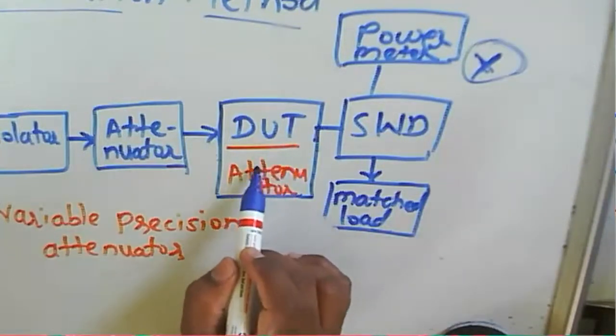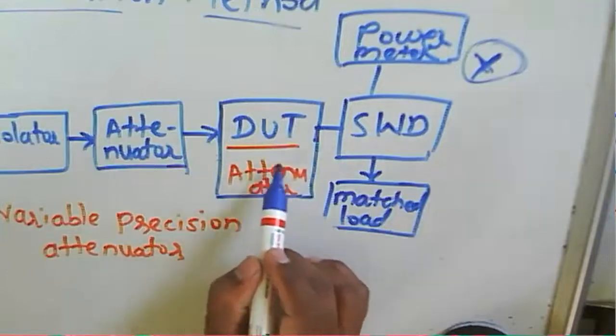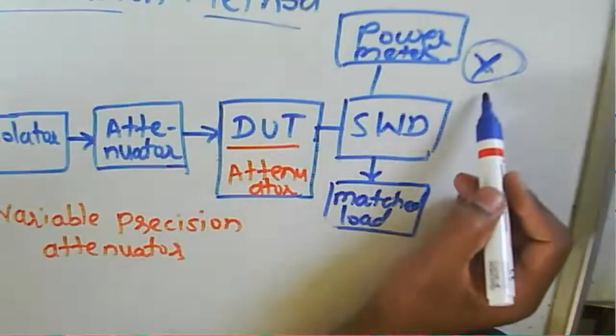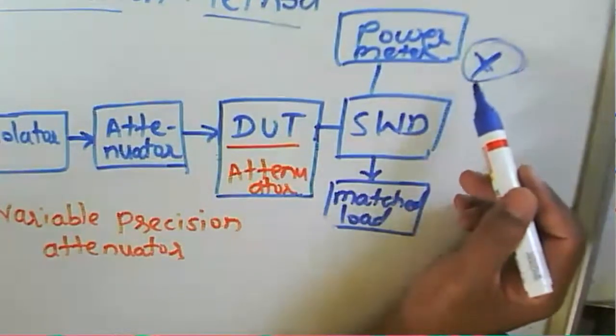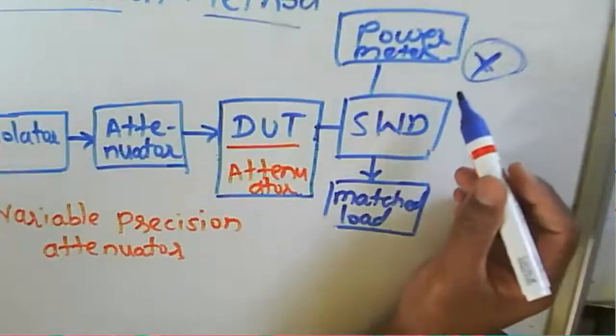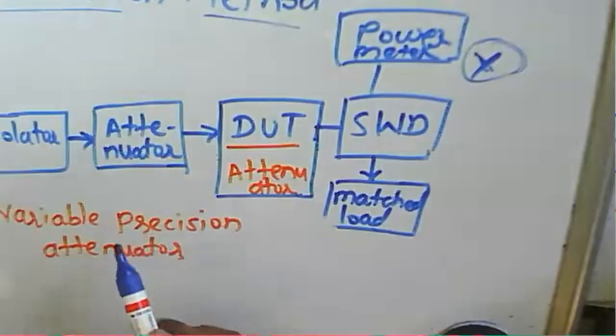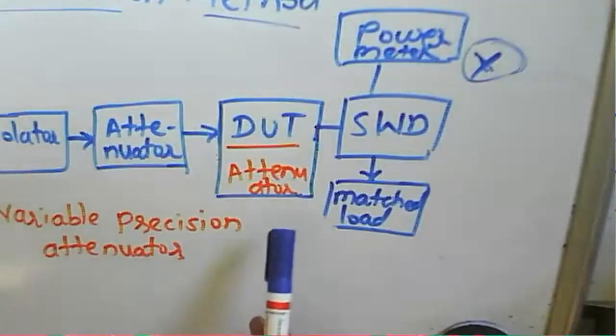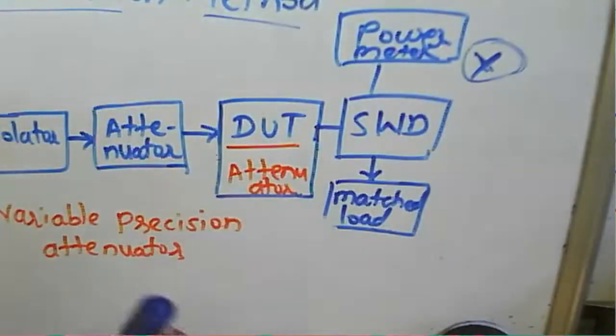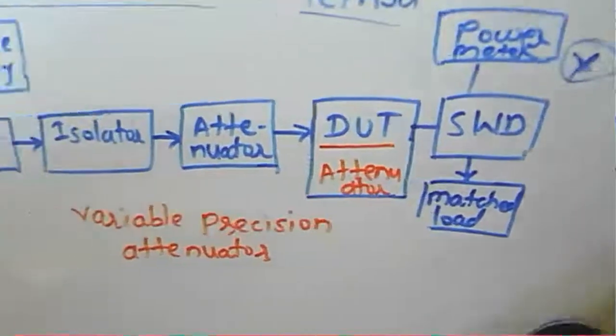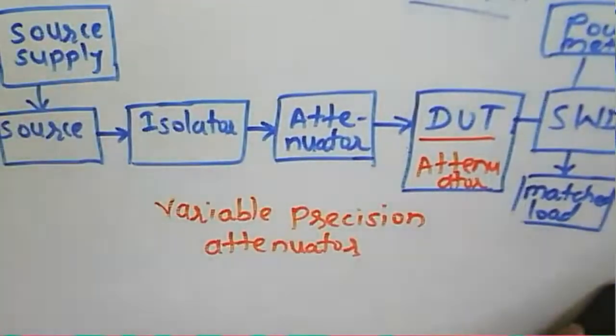By adjusting the attenuation value so that we get the same x power value at this meter, we directly get the attenuation. How much is the attenuation? That is directly noted from this attenuator. So this is the direct method of attenuation measurement.